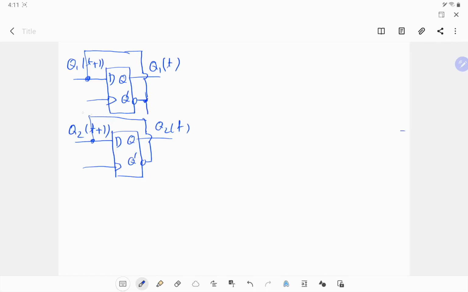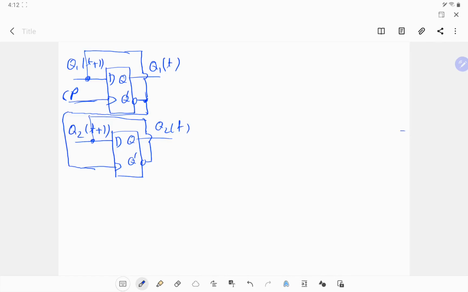These two are connected to the clock pulse, and that's the input clock pulse. The clock pulse for the first flip-flop comes from external. On the other side, the clock pulse for the second flip-flop comes from the first flip-flop.